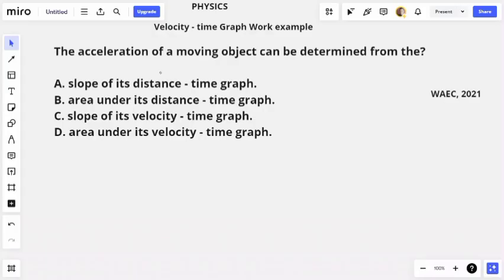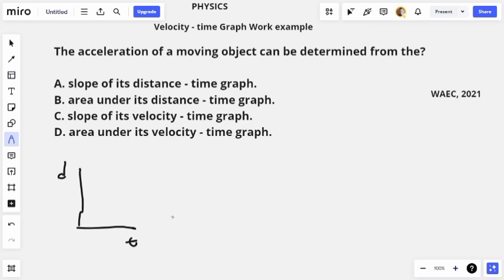Acceleration of a moving object can be determined from the A, slope of its distance time graph, B, area under its distance time graph, C, slope of its velocity time graph, D, area under its velocity time graph. So I'll quickly do a sketch before telling you.